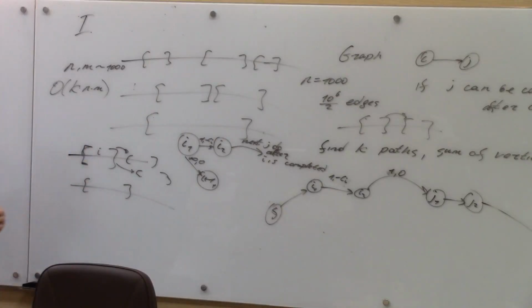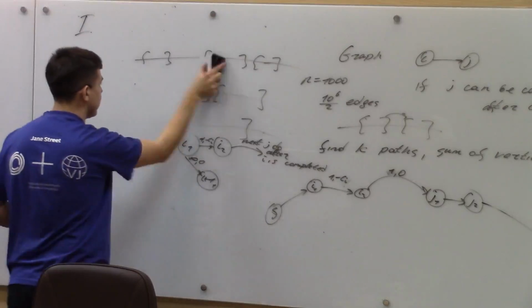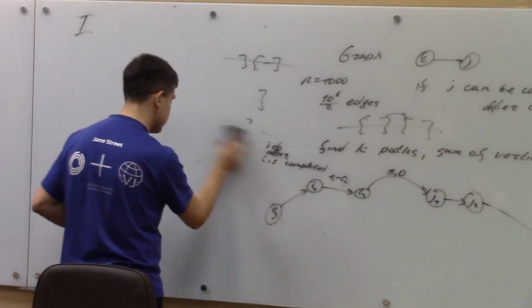The problem J was about, again, finding two vertex disjoint paths with the minimum cost.